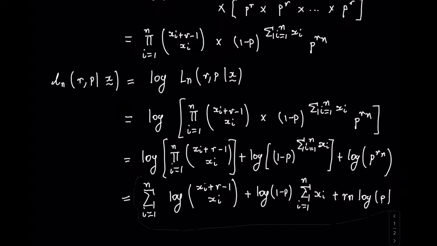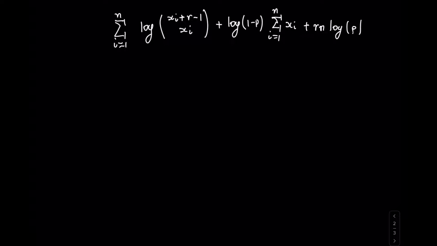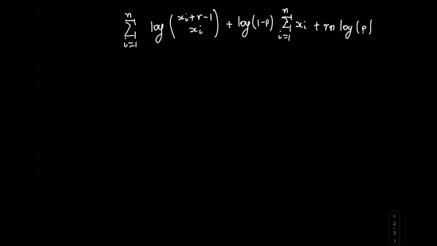We have our log likelihood function. So now I'm going to take a copy of that and bring it to the next page so that we can do a bit more analysis on this one. So again, we have ln of L of p given our data is equal to that. Now again, to derive the maximum likelihood estimate of p, we're going to have to differentiate, or partially differentiate, this function with respect to p.